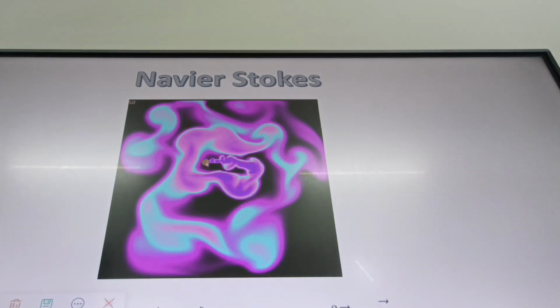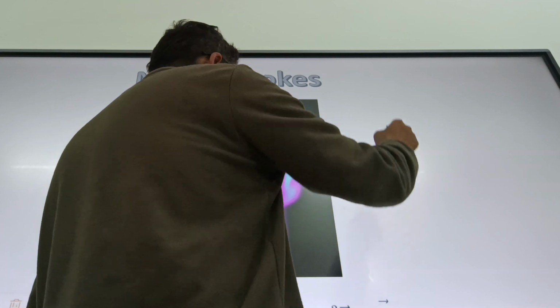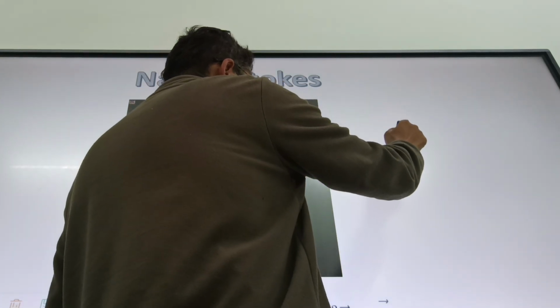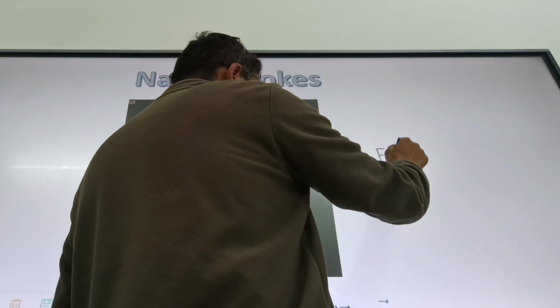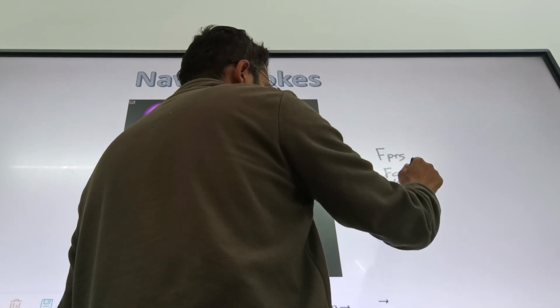Okay, so one is the pressure force, one is the gravitation force, and the other is the viscous force.